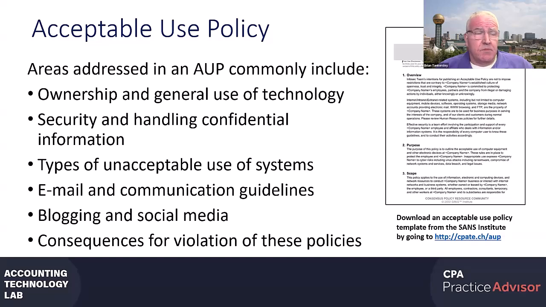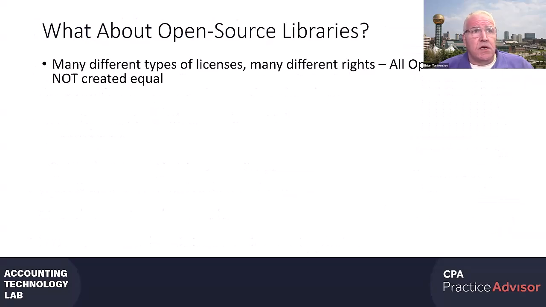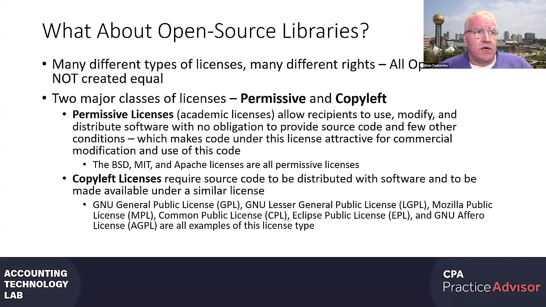Now, sometimes you'll also have what's called an open source library, and there are different kinds of licenses. There are permissive licenses, which are academic licenses where you don't have to provide source code. There are also copyleft licenses that require source code to be distributed with it. I've listed which licenses are permissive and which are copyleft.